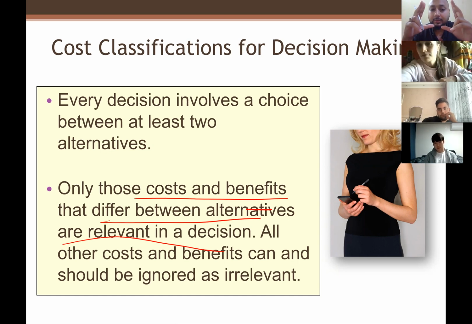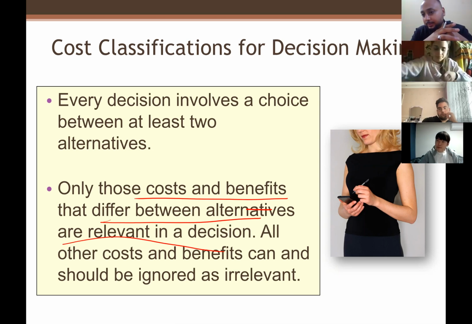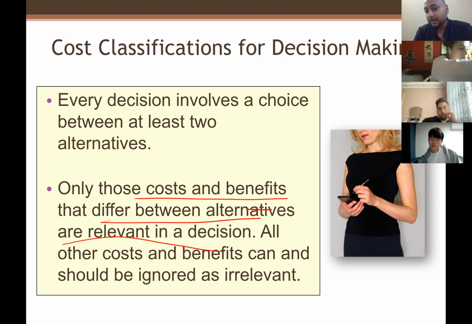The situations that are similar between these 2 alternatives are not called differential cost. The situations that are different between these 2 alternatives are called differential costs. So you need to see the cost and benefit as well. If the benefits are both the same, whether you attend class online or by going over there, the benefits are the same for attending class.